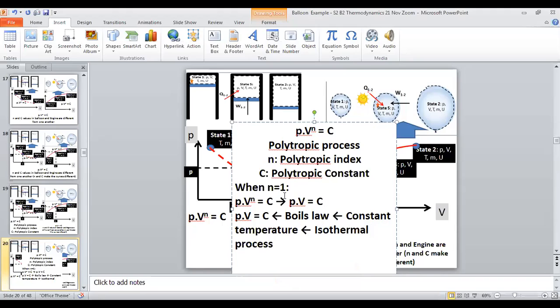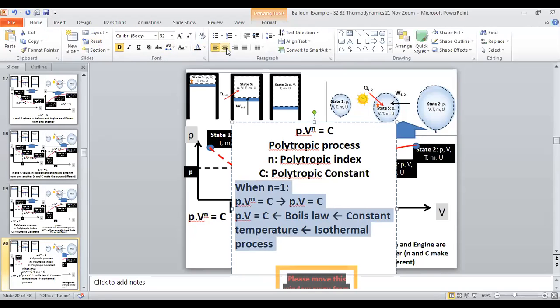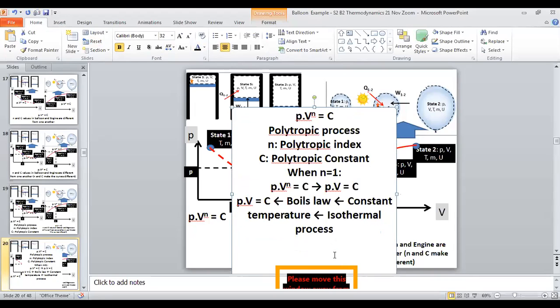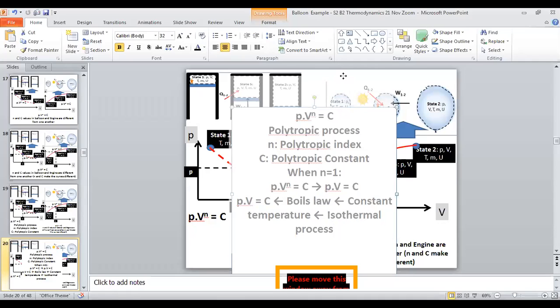So when n is 1, this is a very special process. Understand? I believe so.